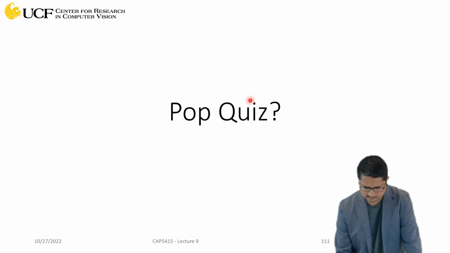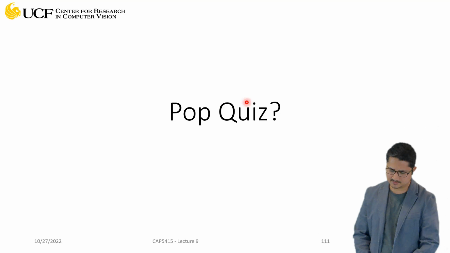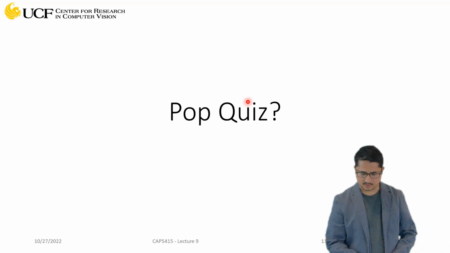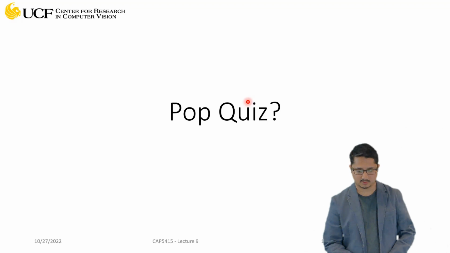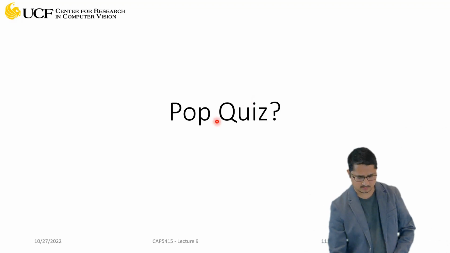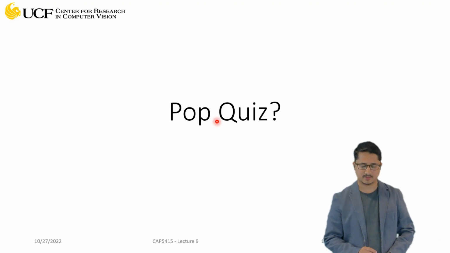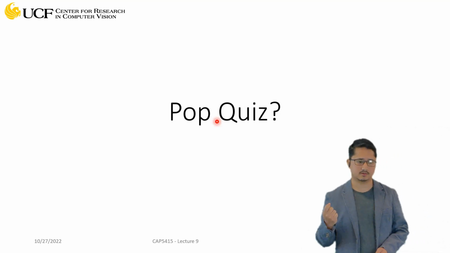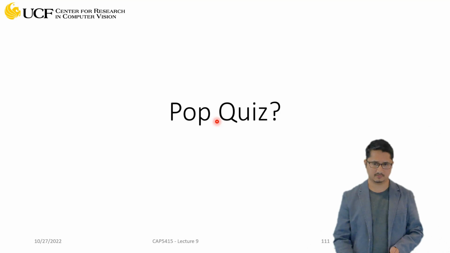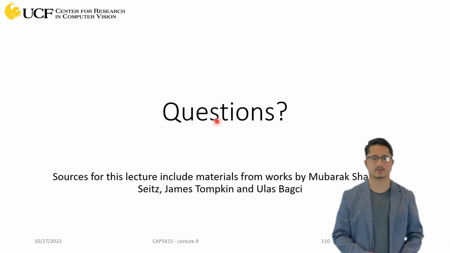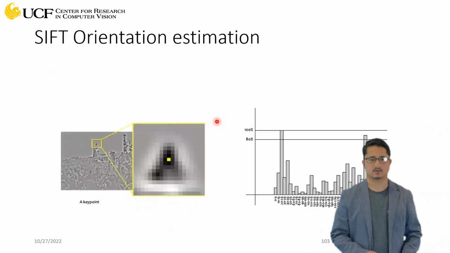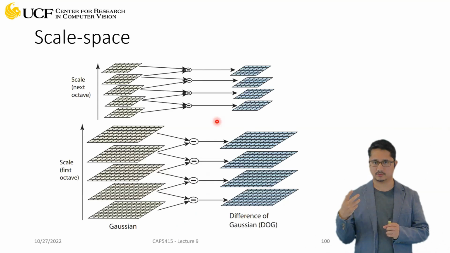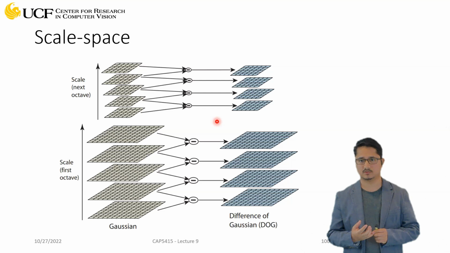Question from Anthony: on the slide with the example for the scale invariance calculations, is K meant to represent the octave? No, K doesn't represent the octave. K is the scale of your filter. The octave corresponds to the resolution of your image.